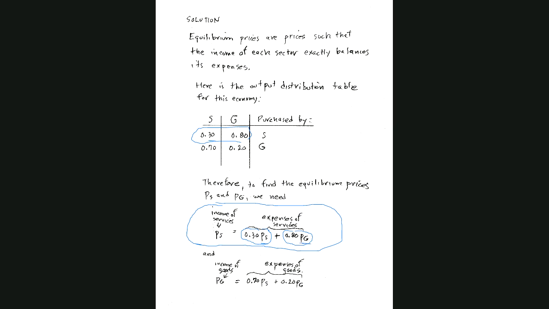Well, then you need the price for services to match that. And that's how we came up with the first equation. And similarly, the second equation would be coming from the second row. Okay, does that help a little bit?